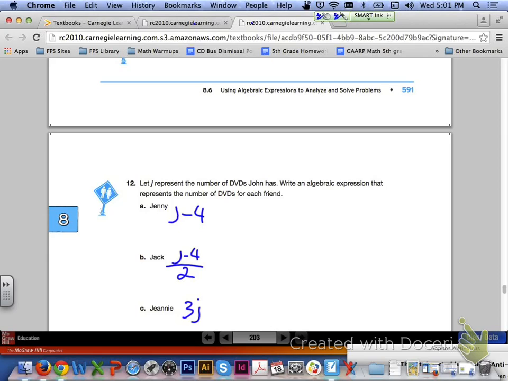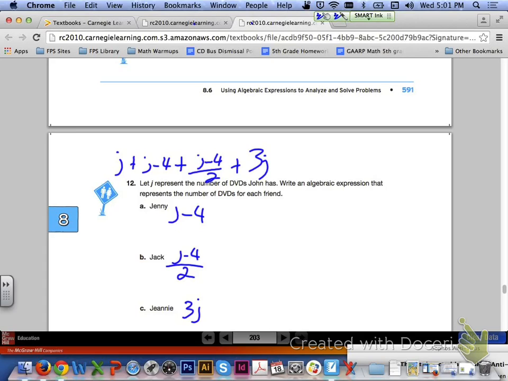Okay? Now, to combine those, you just add those up again. But when you're simplifying, you still need to make a few changes. So if we put these all together, so J plus J minus 4 plus J minus 4 divided by 2 plus 3J.